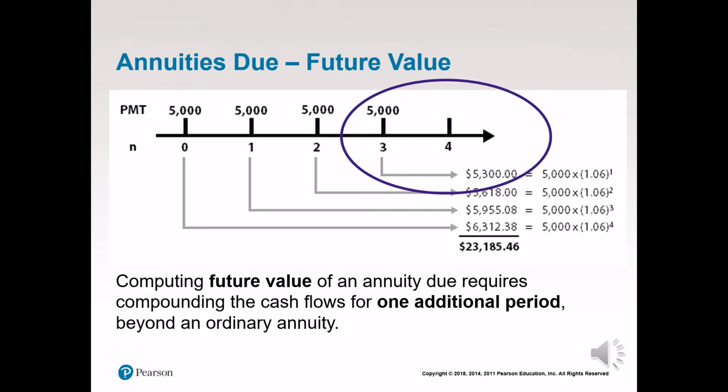The year 4 wouldn't have had any compounding. Therefore, we would have had one less year of compounding. So with an annuity due, another way to think about it is that you have one additional year of compounding than with an ordinary annuity.